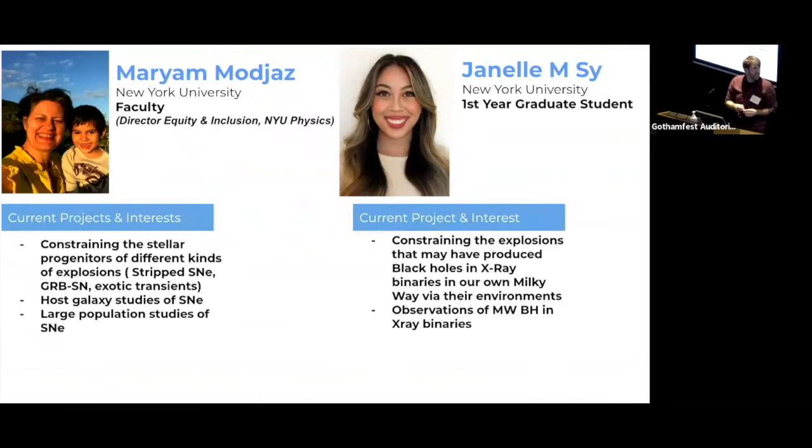The question they have is, can we constrain the explosions that may have produced the black holes in Milky Way black hole binaries by looking at the metallicities of the stars in those binaries and comparing them with the metallicities of stellar explosions, basically supernova GRBs, as well as some other potential stripped envelope supernovae that we know create black holes extragalactically? Can we combine these two streams of information to really understand the explosion channel and progenitor for these?